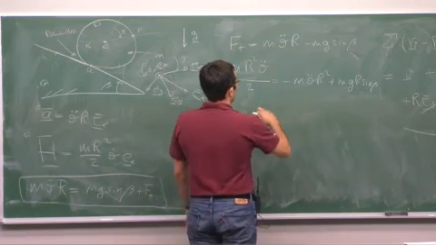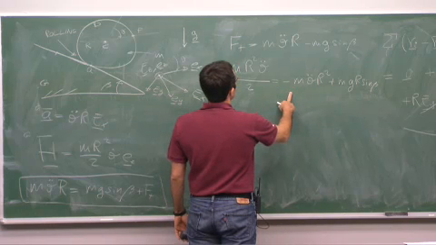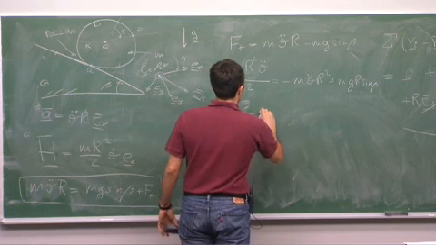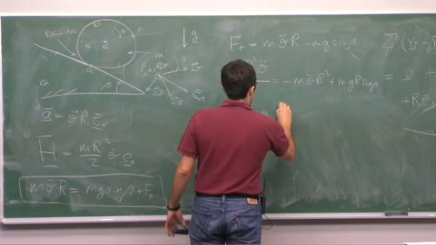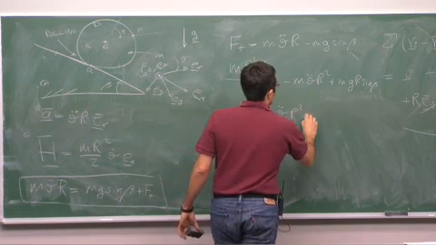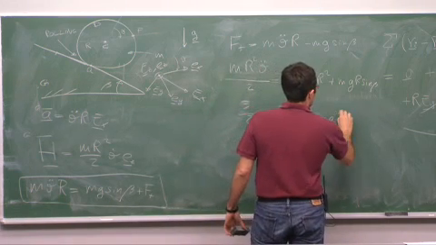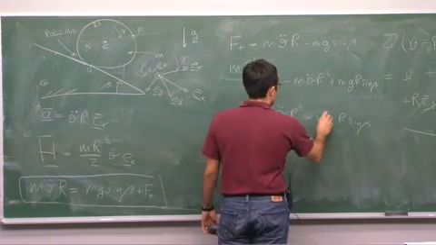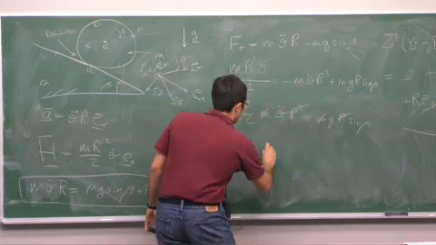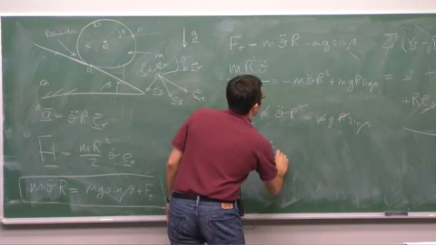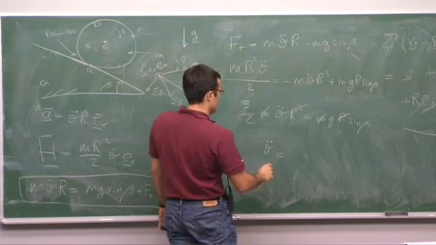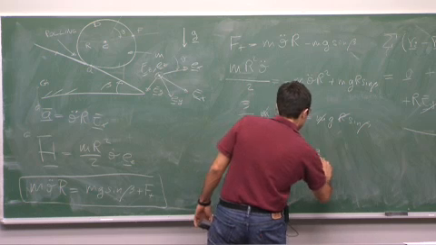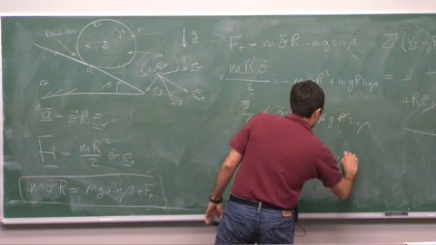Let's see if I put it in a better way. This is going to be 3 over 2, right? 3 over 2 m theta double dot r squared is equal to mg r sine of beta. Well, you can simplify a few things here. If you want, you can write it this way. Theta double dot is equal to 2/3 g over r sine of beta.